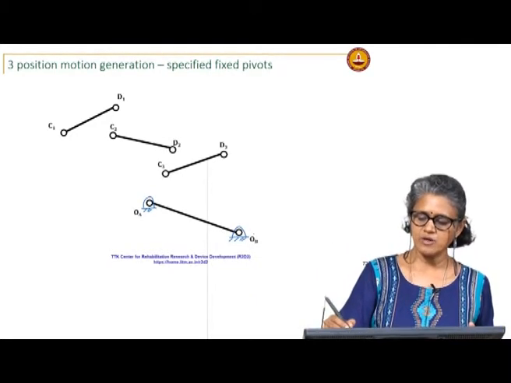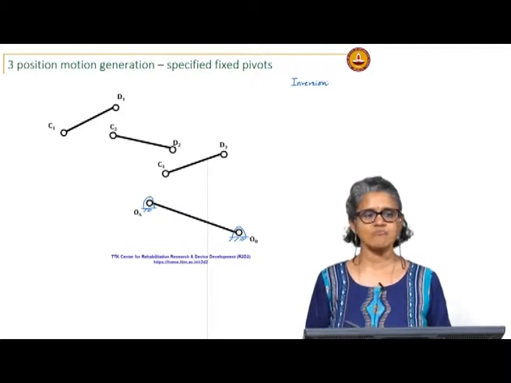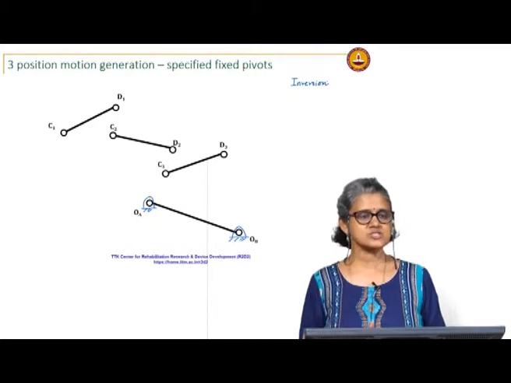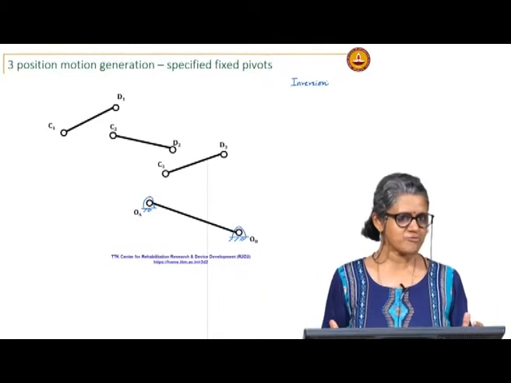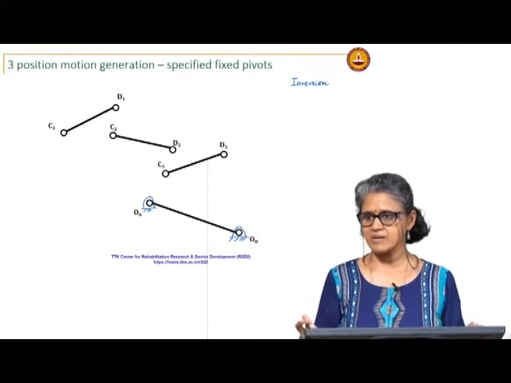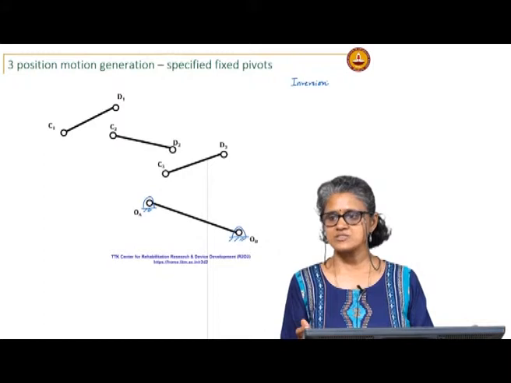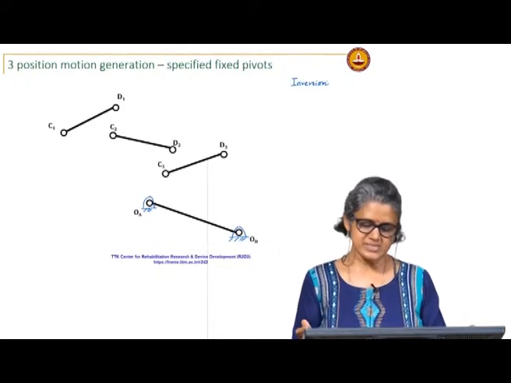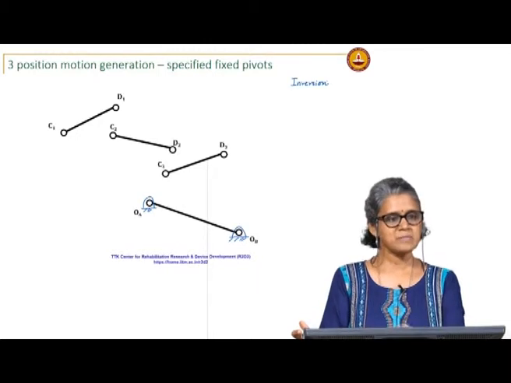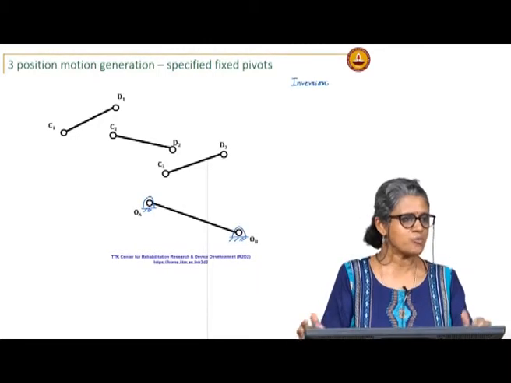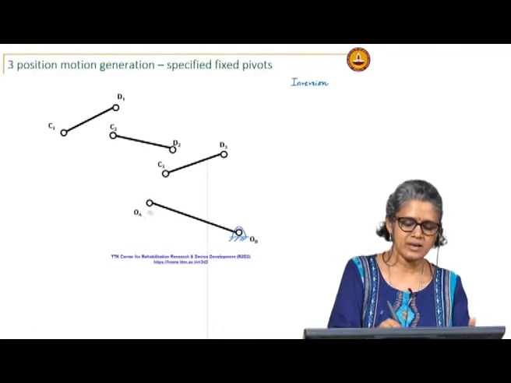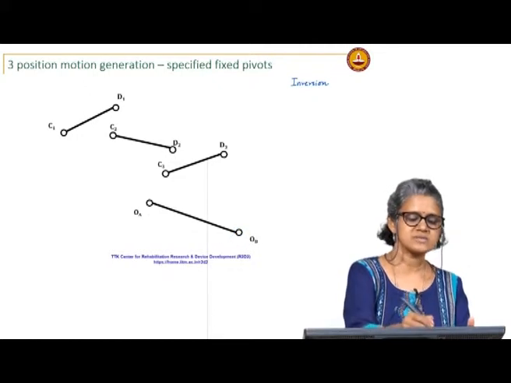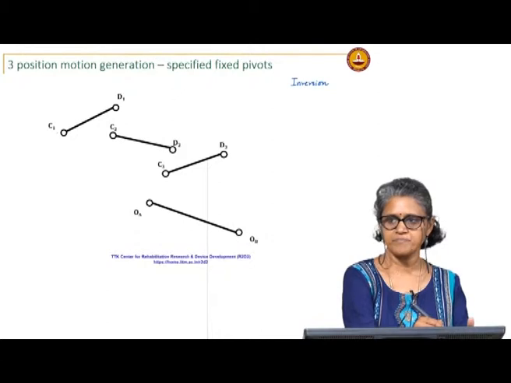For that we will now use the principle of inversion. Inversion tells me that the relative movements among the links does not change. So I can change my frame of reference without affecting the relative locations of the links. In this case, instead of my being on OA OB, my fixed frame of reference, let me sit on CD at the first position.